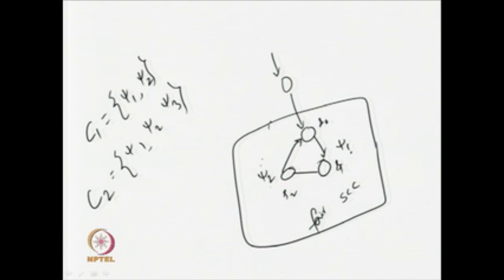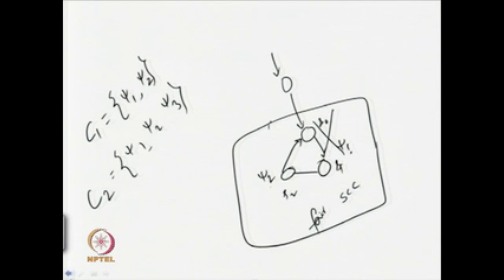So, if I remain in this loop, psi 3 is not going to be true, which means the fairness constraint psi 3 is not satisfied here. So, I am not going to say that this is a fair SCC. As per the third step of my algorithm, we are going to remove this SCC from our graph.